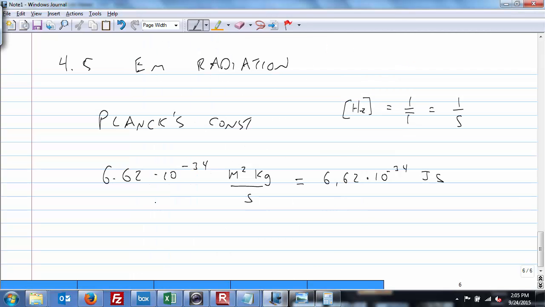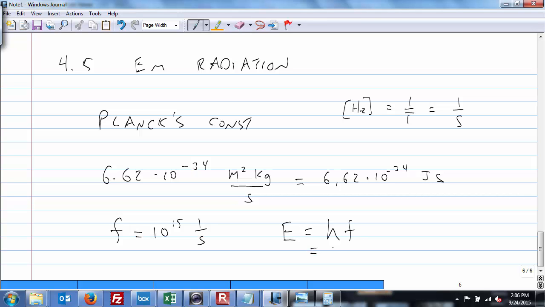Okay, so for light, we're gonna say that the frequency equals 10 to the 15th hertz, or 1 over seconds. So now here comes the upshot. The energy equals Planck's constant, which is given as a symbol h, times the frequency.